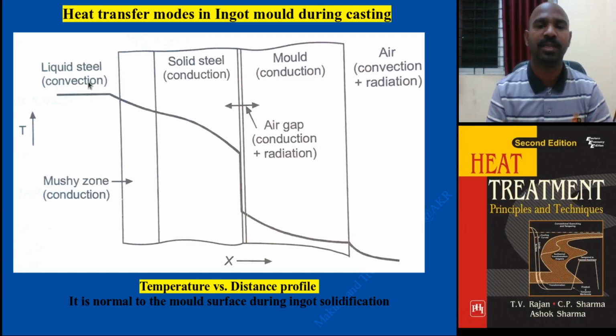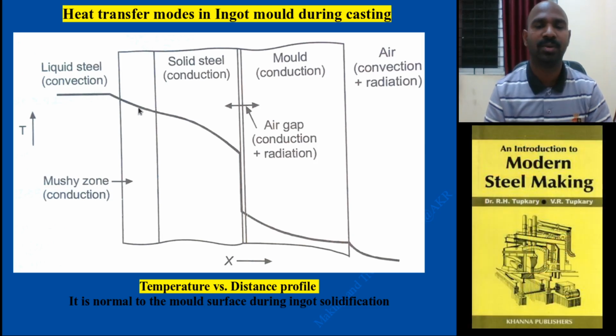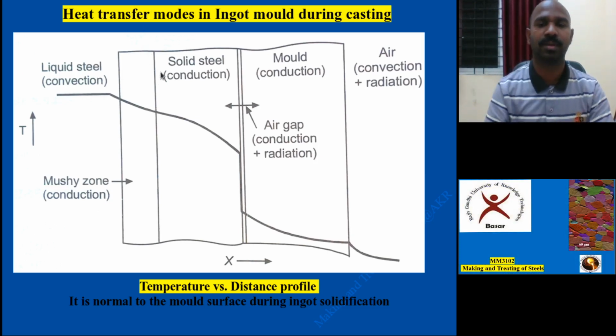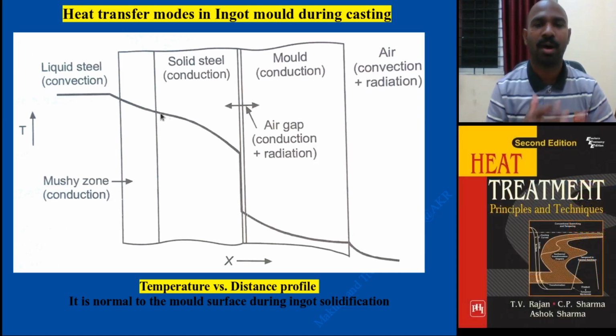As the temperatures drop down, latent heat goes out and heat dissipation occurs. After pouring the liquid steel, when it comes in contact with the mold, the temperature drops. A temperature gradient, a heat transfer gradient, exists.